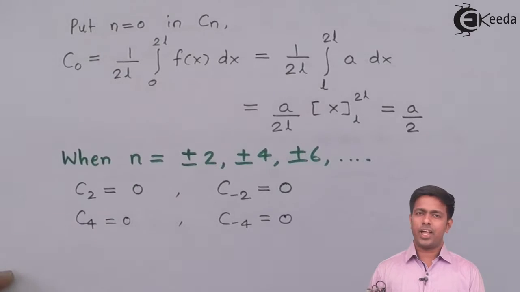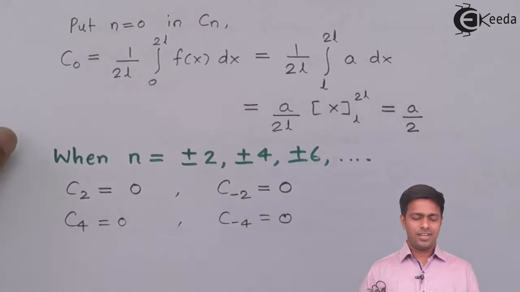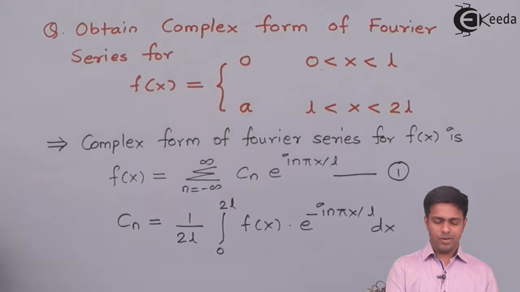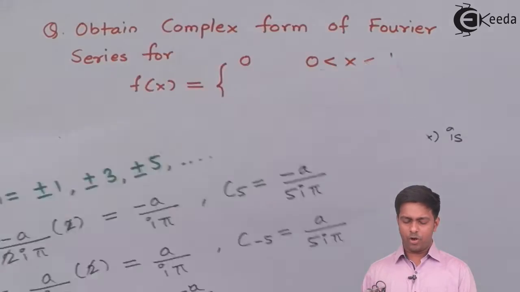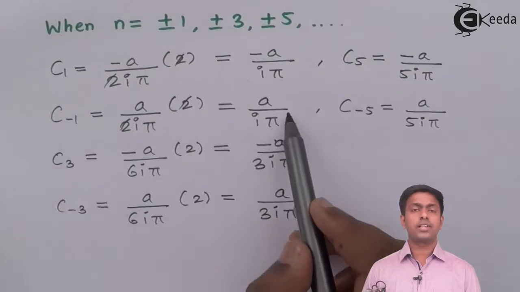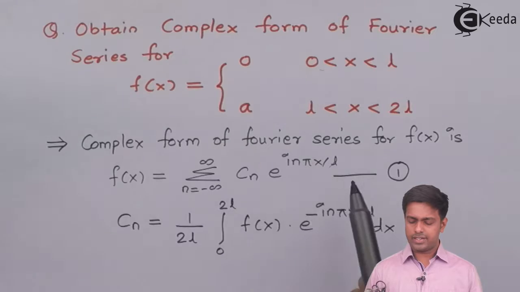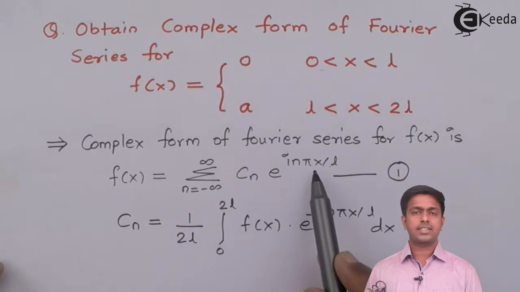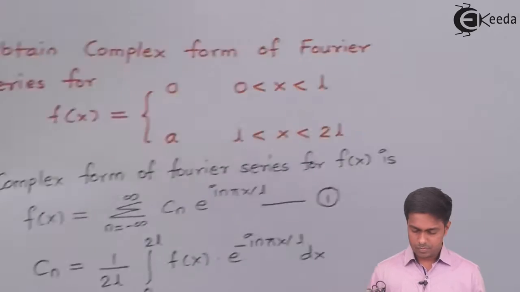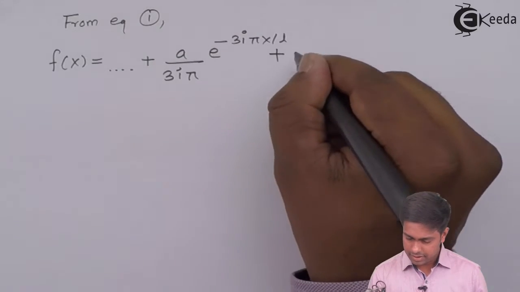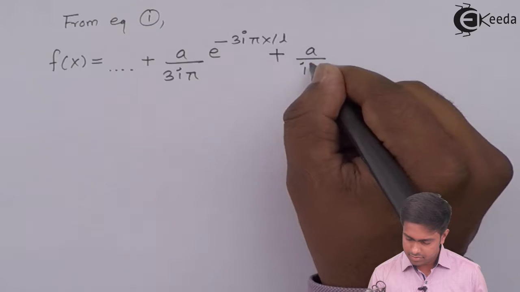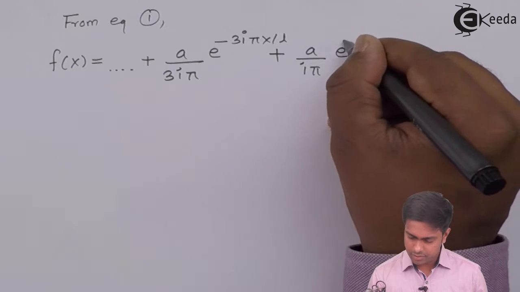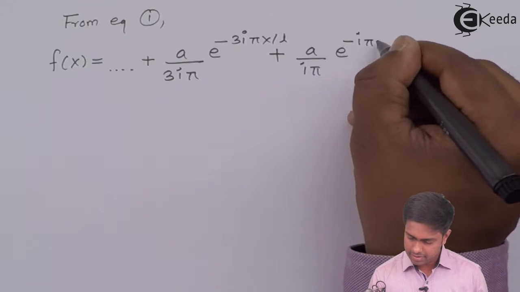Next, move ahead, we have C of minus 1. For minus 1, we got this value. So I'll be putting this value. So here we will get C of minus 1 and e to the power negative iπx upon L. So we'll get plus a upon iπ e to the power negative iπx upon L.